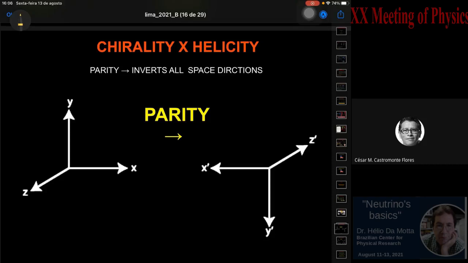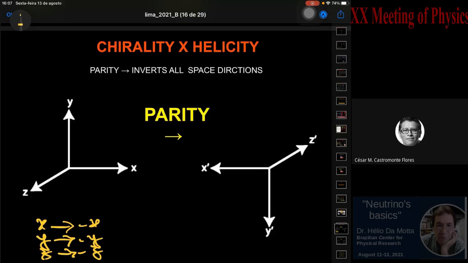That's what I did here. See, x was inverted, y was inverted, and z was inverted. So by inverting the three of them, basically replacing x with minus x, y with minus y, and z with minus z, that's what I did here.